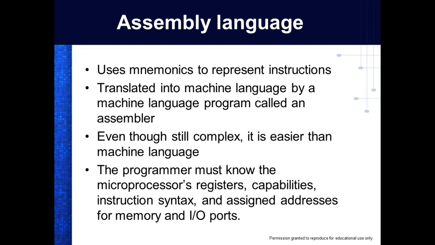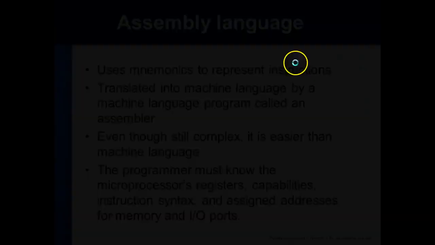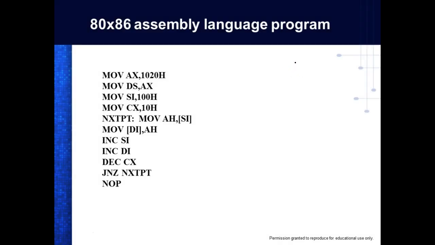Assembly language uses mnemonics, which is basically memory aids to represent instructions. This is translated into a machine language program by something referred to as an assembler. Even though it's still complex, it's easier than machine language. The programmer must still know the registers, the instruction syntax, the IO addresses. So this was the next step up, and some people still use this. So this is assembly language.